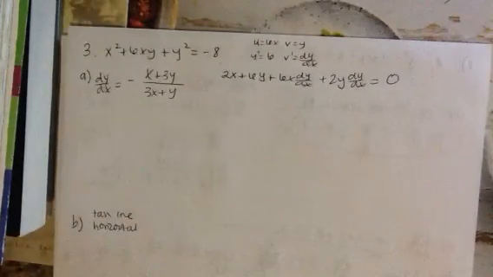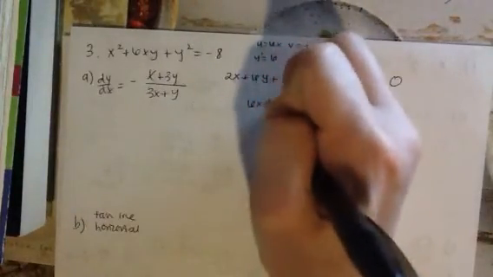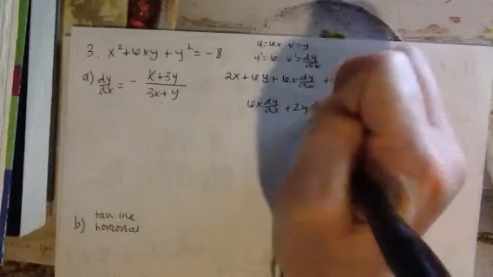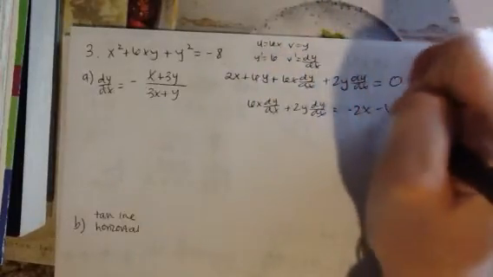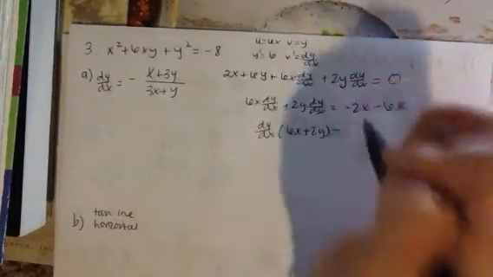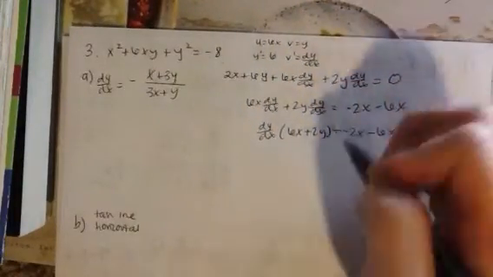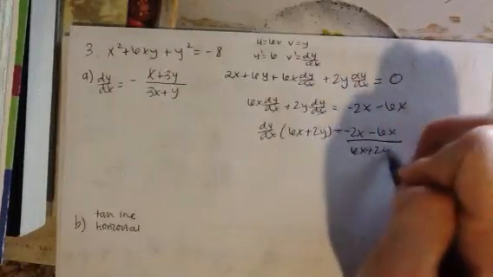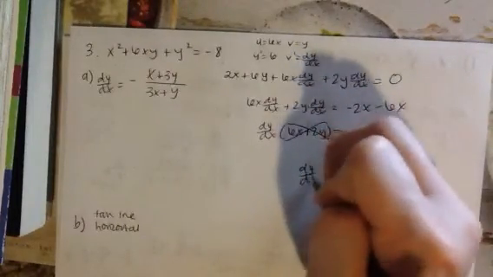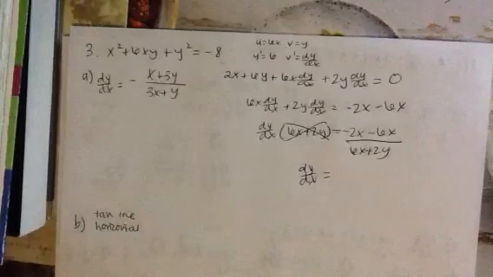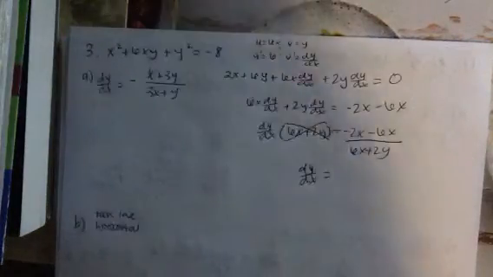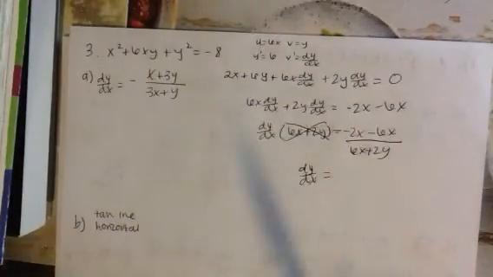Trying to get the dy dx's by itself, so let's subtract these two over. Minus 2x minus 6x. Pull the dy dx out front. Divide over. Now, not quite what the answer is supposed to look like, but I do notice that everything is divisible by 2, so let's divide everything by 2.